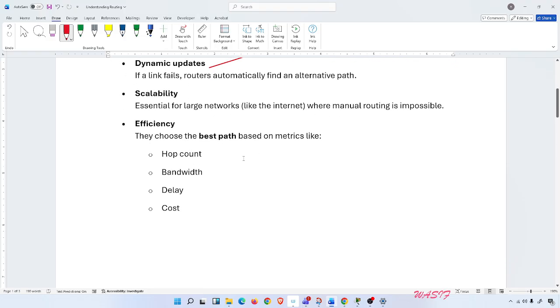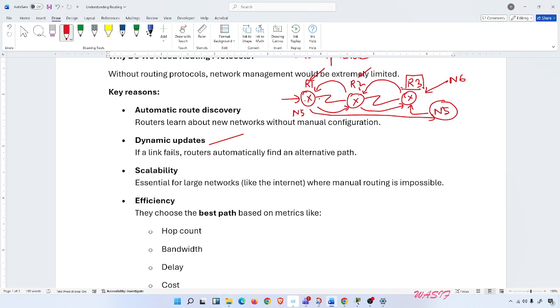Now, best path. If you have multiple locations, you can connect another router here, another router here, another router here, and then connect to N5. Let's say another router in between. So there are two ways you can reach from R1 to R3.